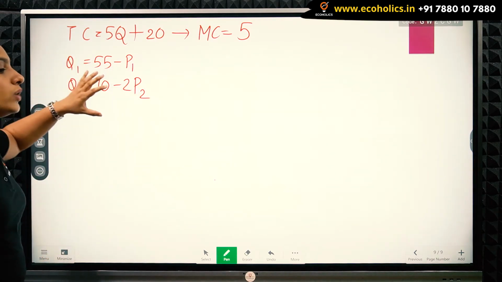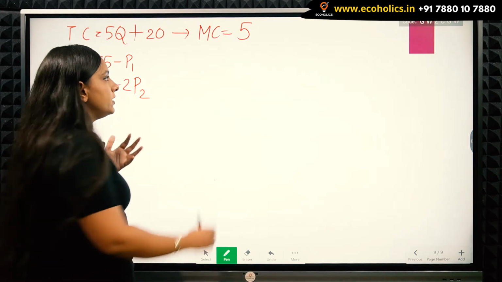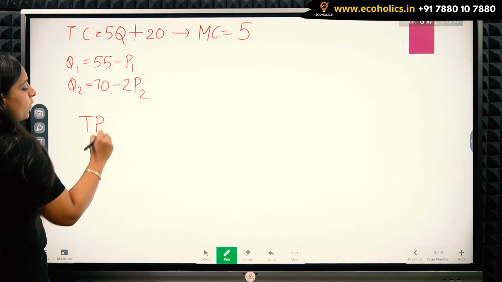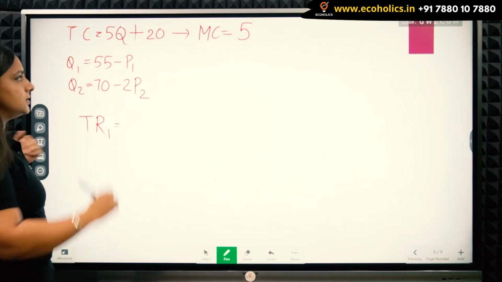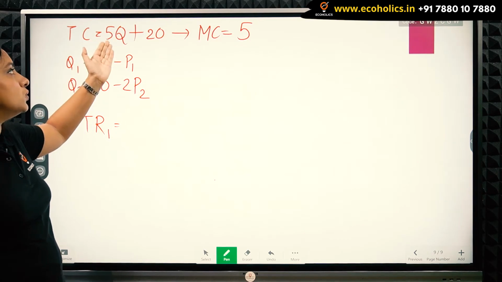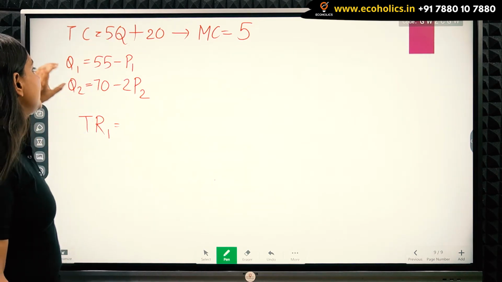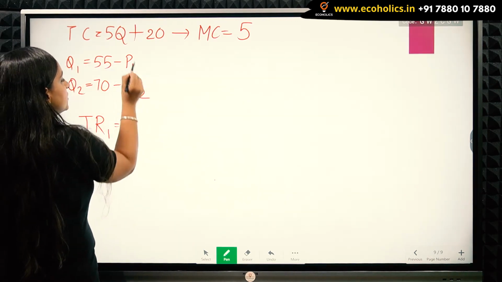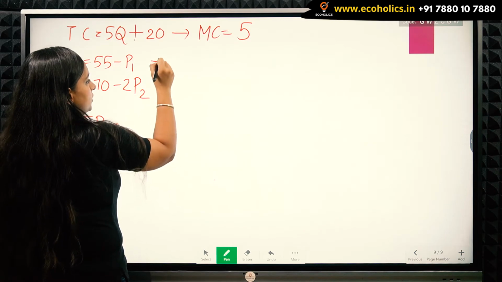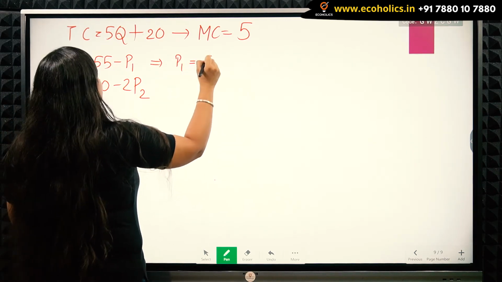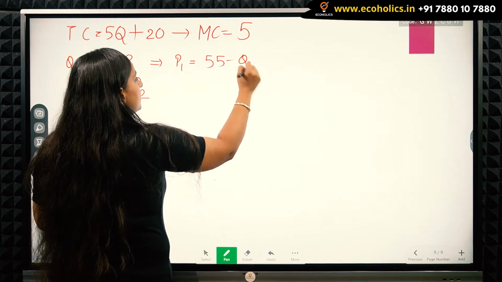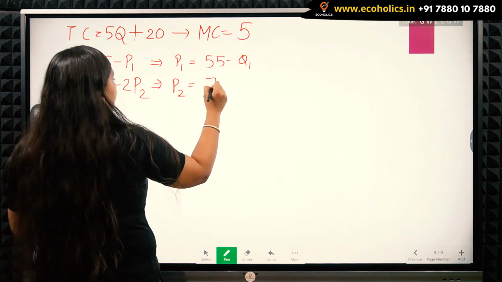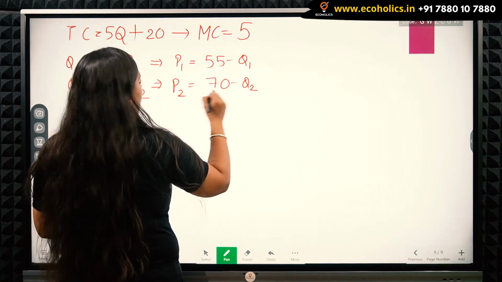Now to equate marginal revenue, I need to find it, and for that I need the total revenue first. Since marginal cost is in terms of Q, I need marginal revenue also in terms of Q. So I convert the demand curves: P1 equals 55 minus Q1, and P2 equals 70 minus Q2 upon 2.